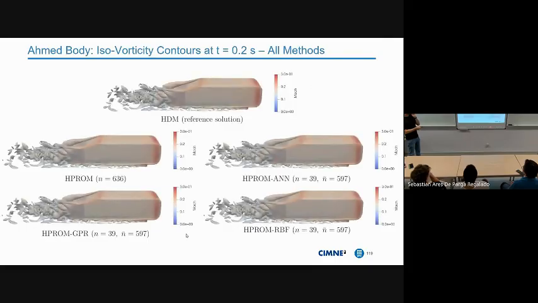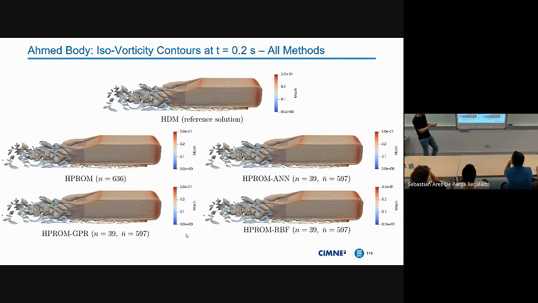And if we also plot some isovorticity contours to see that this problem is highly turbulent, we still see that all of the HP ROMs managed to capture these very tiny turbulence effects. I'm not plotting the 145 here, but it is almost the same.